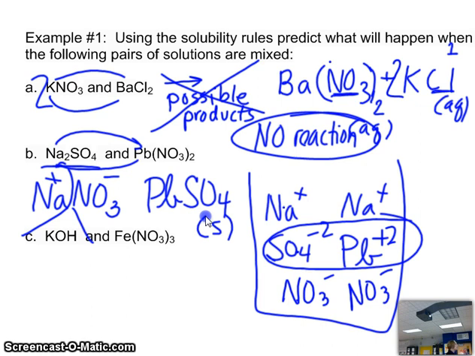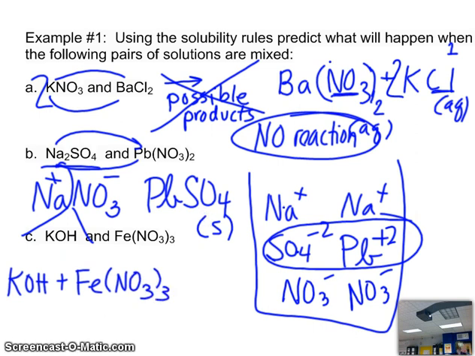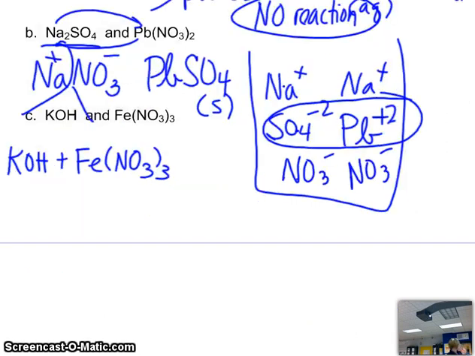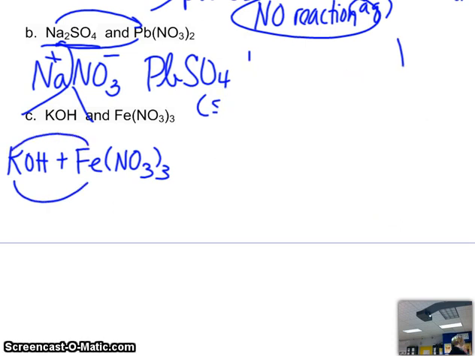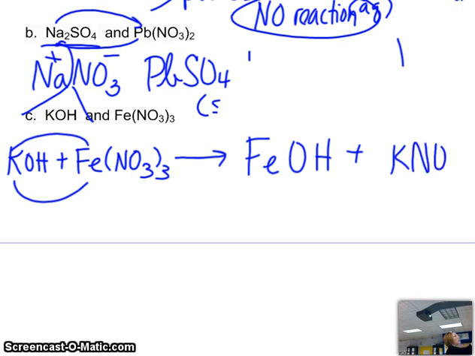The last one here, we'll do it the traditional way. We have KOH and FeNO3. They wife swap. So you make Fe with the OH. Again, you have to think of their charges, and you make the K with the NO3.